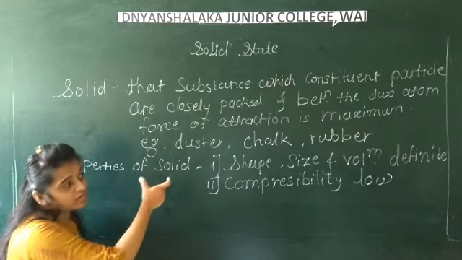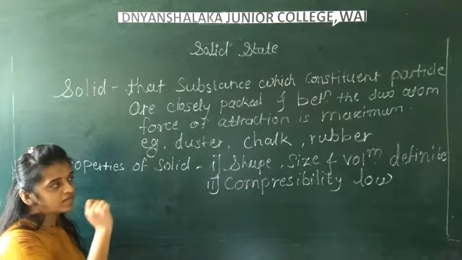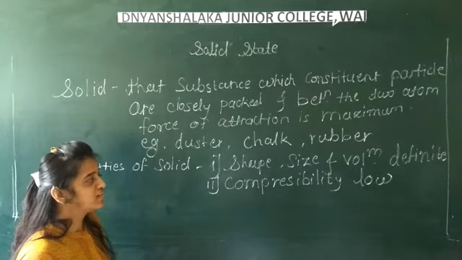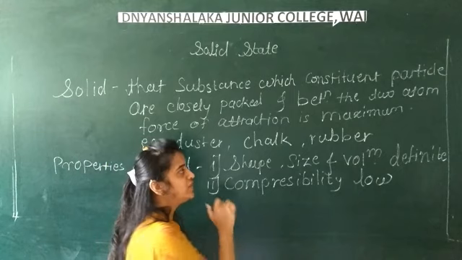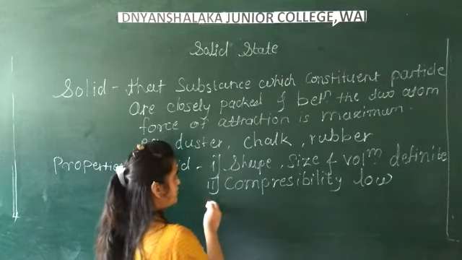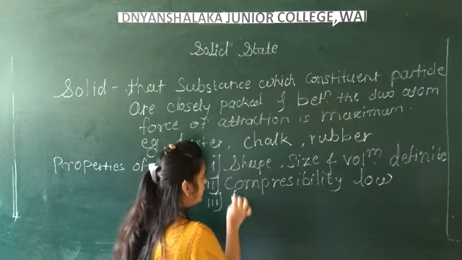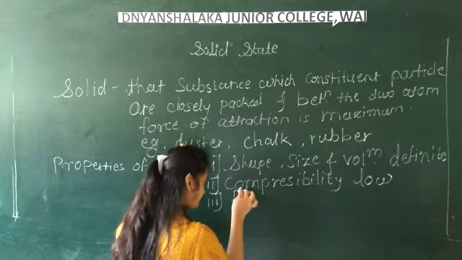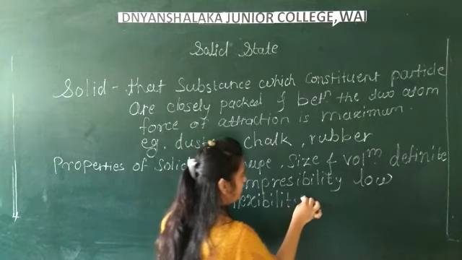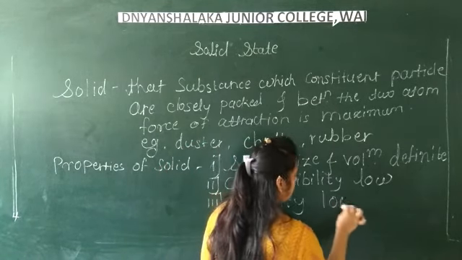Duster compressibility is low, but in comparison with duster, rubber is highly flexible or highly compressible. So next, third property, flexibility of substance is also low.